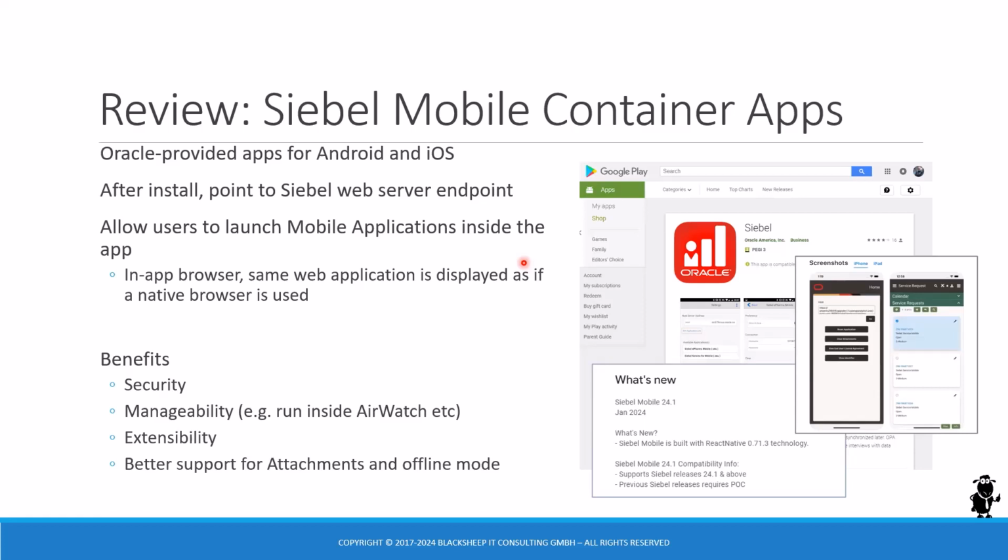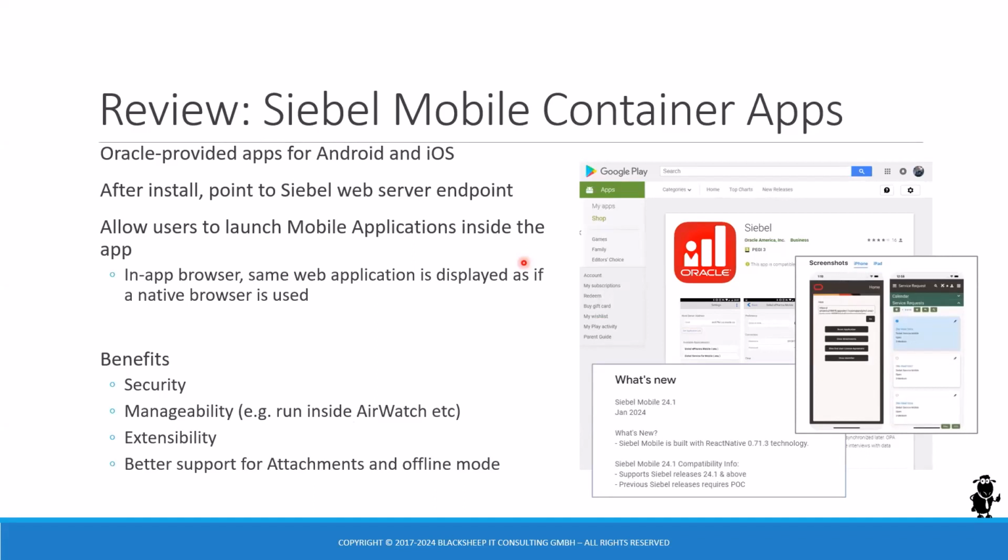Yeah, makes sense. And as I understand it, the source code for the Siebel container app is included in the monthly updates as a patch. So if you want to modify that app or create your own version of the Siebel container app, you can download that source code and compile it yourself.